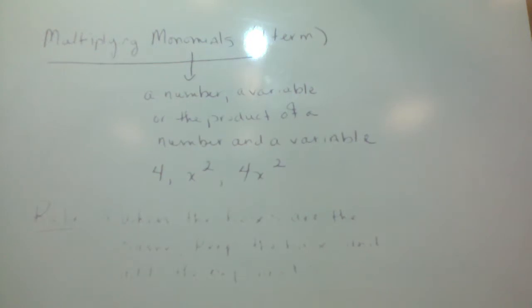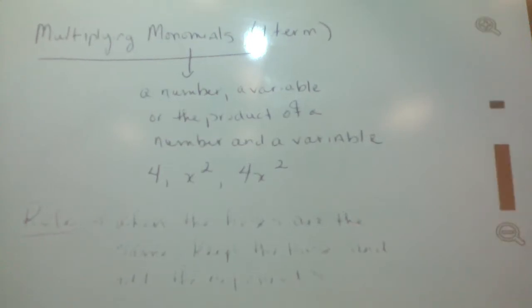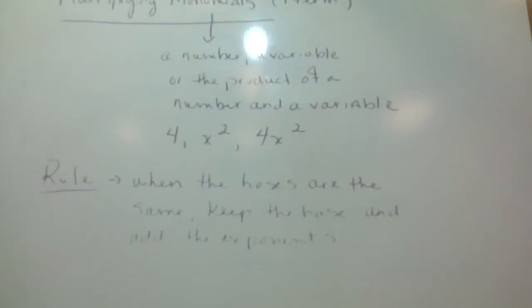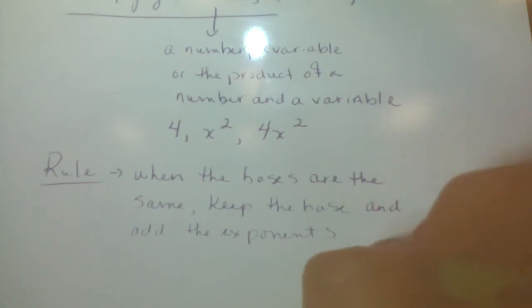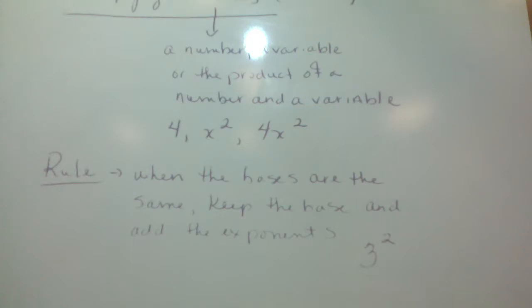So when the bases are the same, you keep the base and add the exponents. For those of you who don't remember what a base is, if I have 3 squared, 3 is the base and 2 is the exponent.